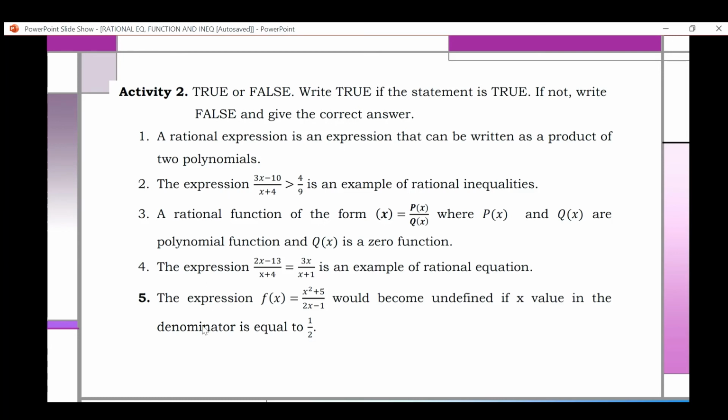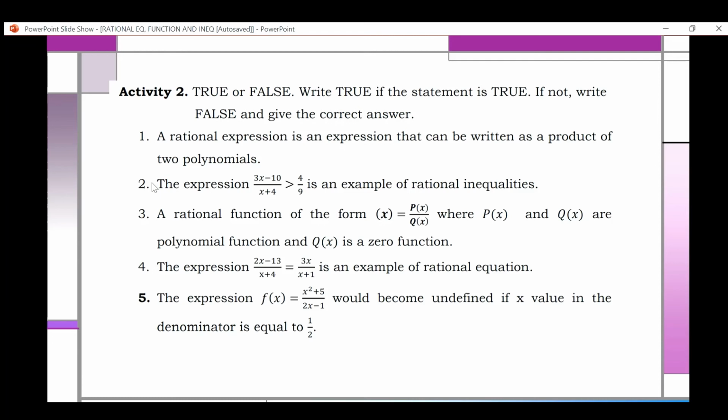Okay, so now let's answer it. So number 1, a rational expression is an expression that can be written as a product of two polynomials. Okay, so the answer here is false. Because a rational expression is an expression that can be written as a quotient, not a product of two polynomials.